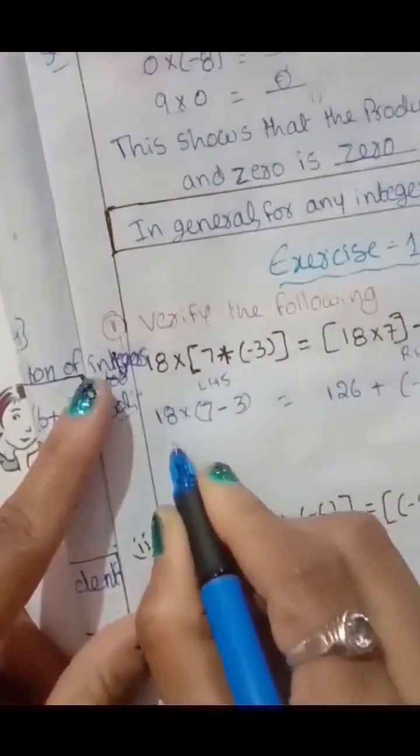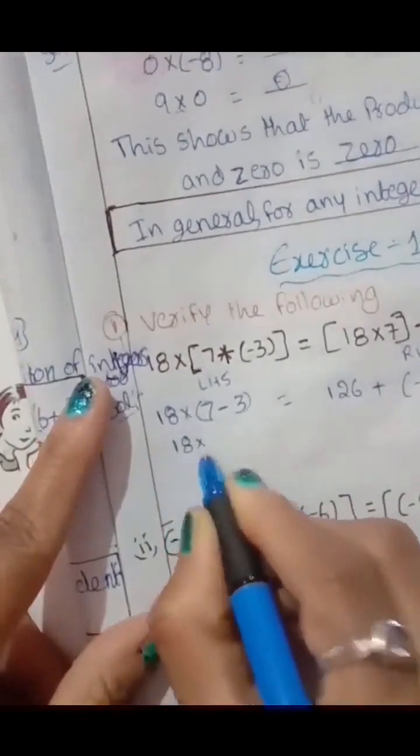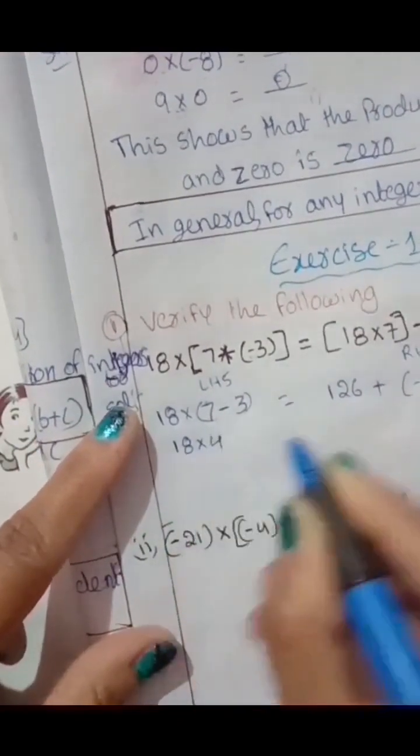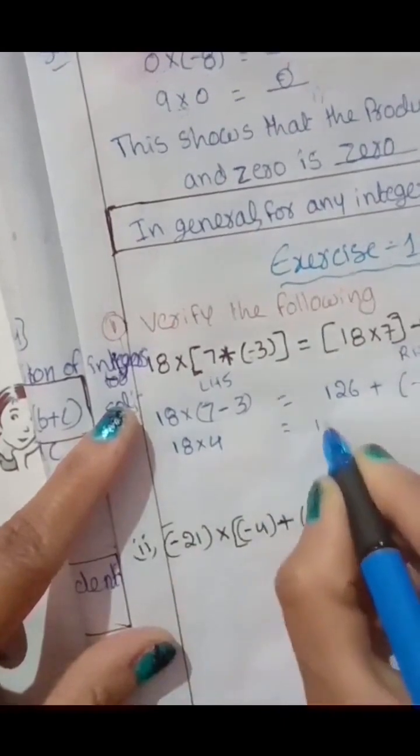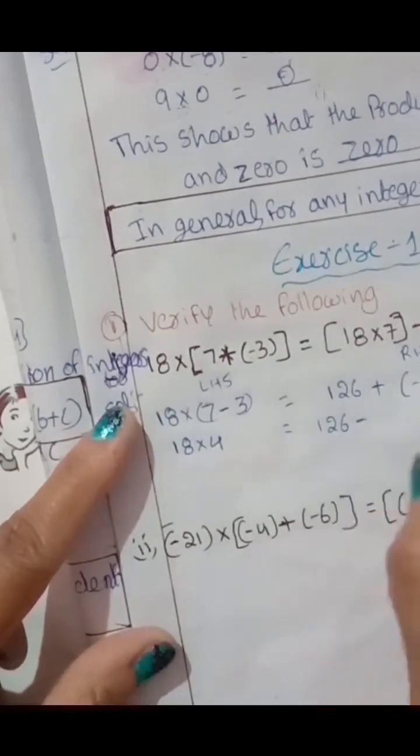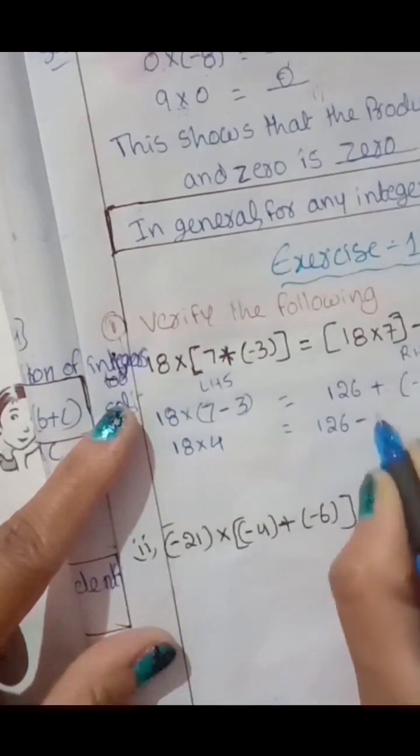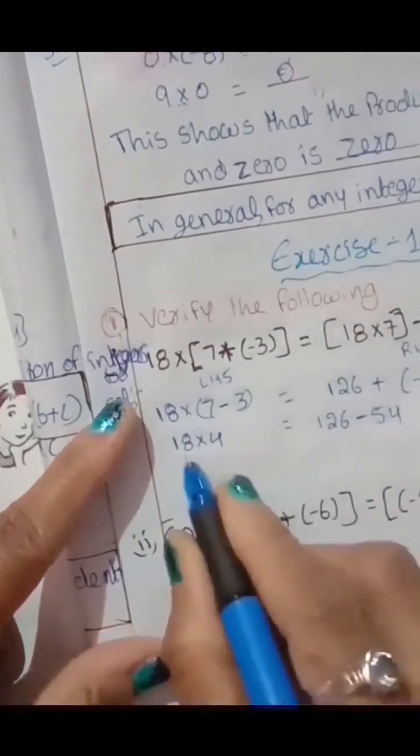Next, 18 into (7 minus 3), which is 4, equals 126 minus 54, since plus into minus is minus. 18 cross 4.